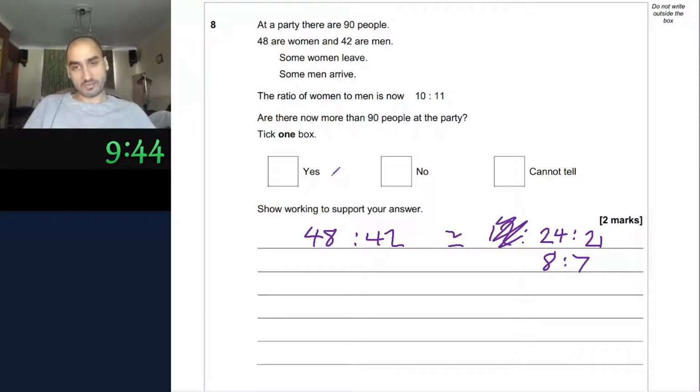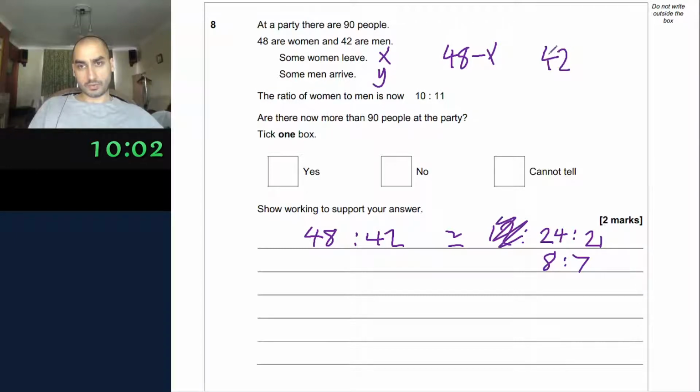Why don't we just start doing some algebra? Maybe the answer will come from the algebra. So let's say X women leave, and Y men arrive. So now we've got 48 minus X and 42 plus Y. And the ratio of women to men is now 10 to 11.